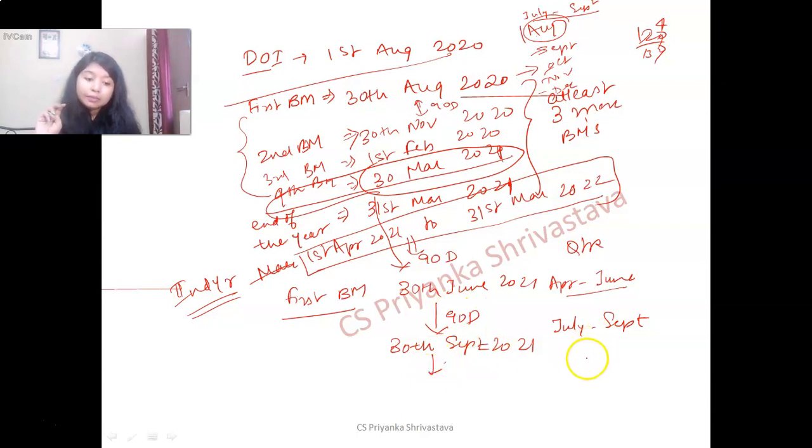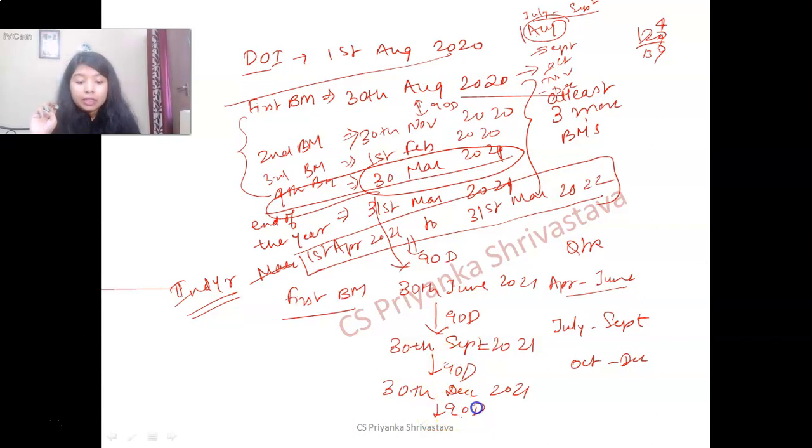Then October to December, let us do it by 30th December 2021, again 90 days. Then take it 90 days and by 30th March. So yes, you have completed this. Because this 120 days is the maximum criteria.